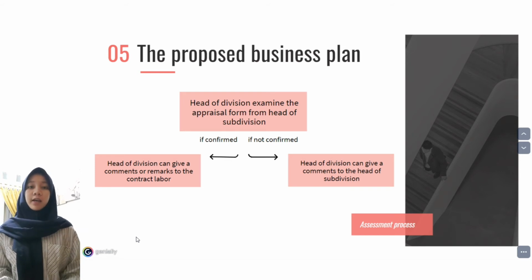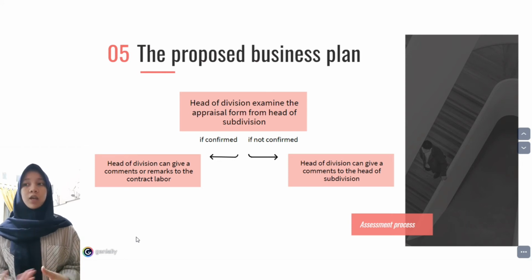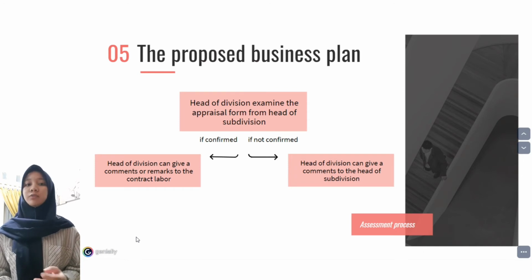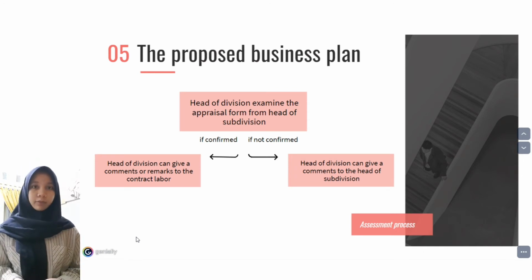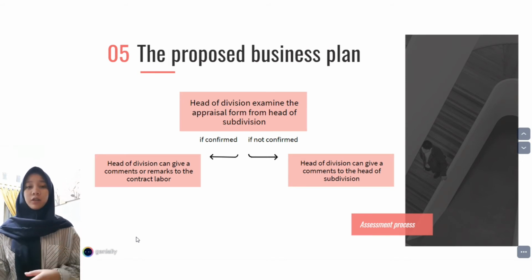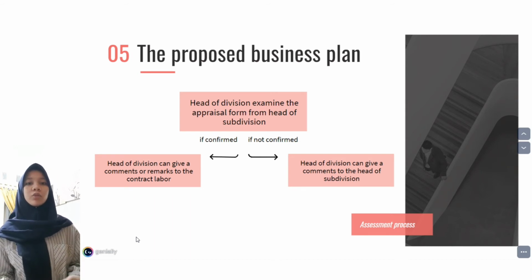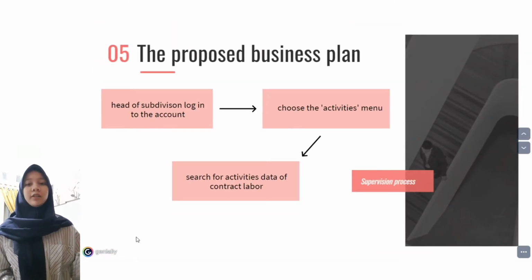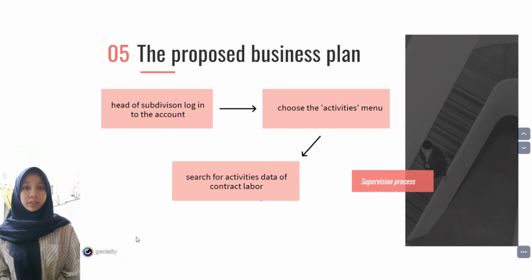If the head of division has received the appraisal form, they can examine and confirm it or not confirm it. If it is confirmed, then the head of division can give a message, comments, or remarks to the contract employees. But if it's not confirmed, the head of division can give comments to the head of subdivision.